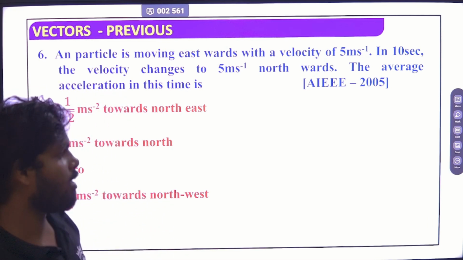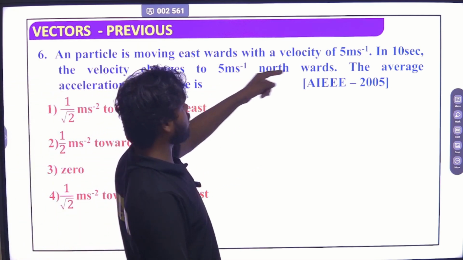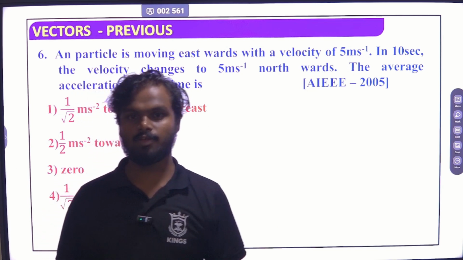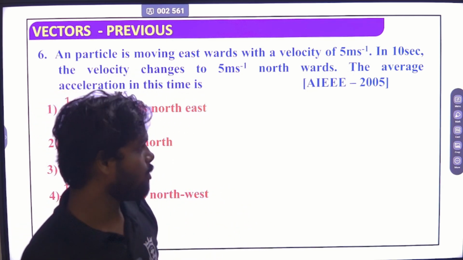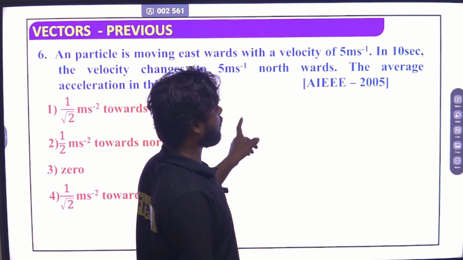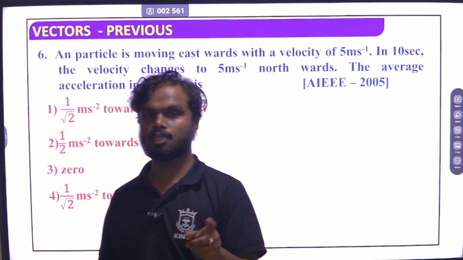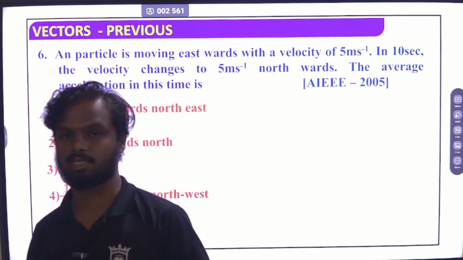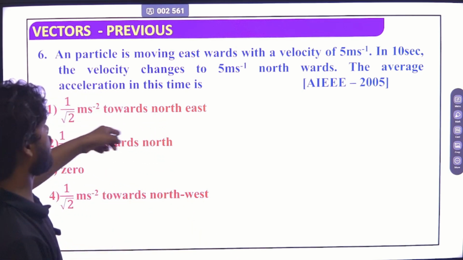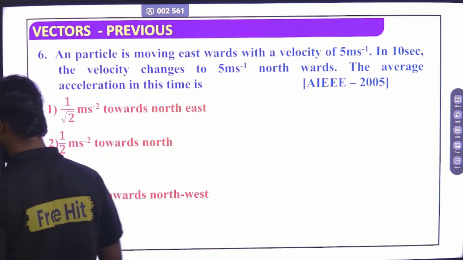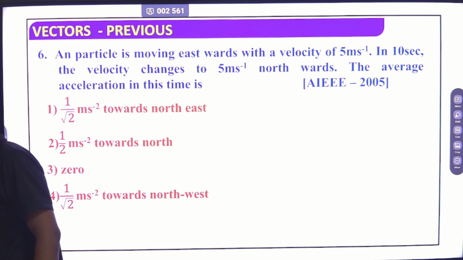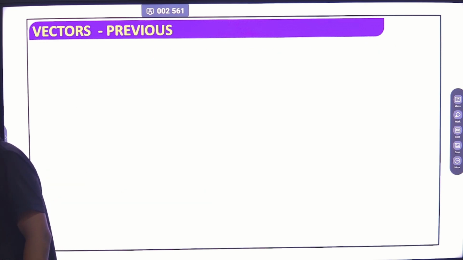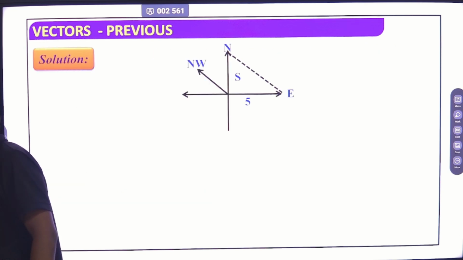Basically, v initial is in the x direction and v final is in the y direction. So we can write v final minus v initial is 5j minus 5i, divided by total time, which is 10 seconds. So you will get the value, and for the numerator you have to find the magnitude.